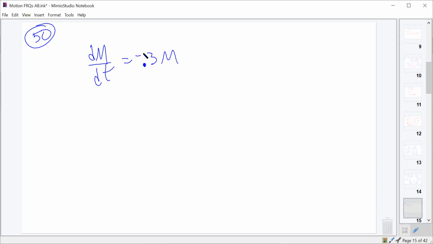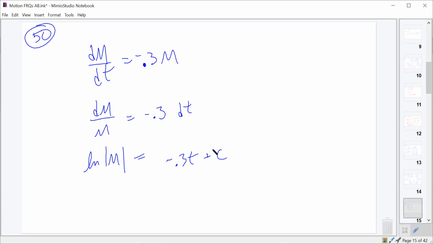And so what we need to do is solve this differential equation to figure out what that constant looks like within the equation. So we're going to say dm over m equals negative 0.3 dt. Natural log absolute value of m equals negative 0.3 t plus our constant.